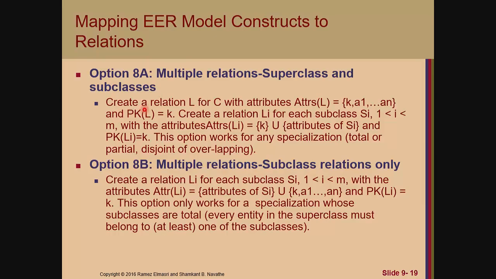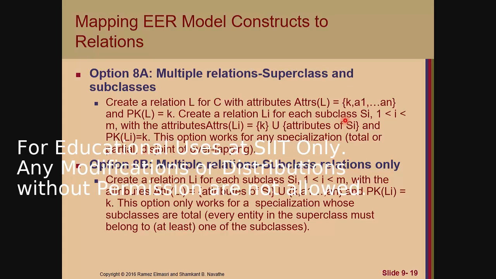You have to create a relation L for superclass C with attributes of L including K and the other attributes, and the primary key of L is K. Create a relation Li for each subclass Si. For each subclass, you will have a separate table.